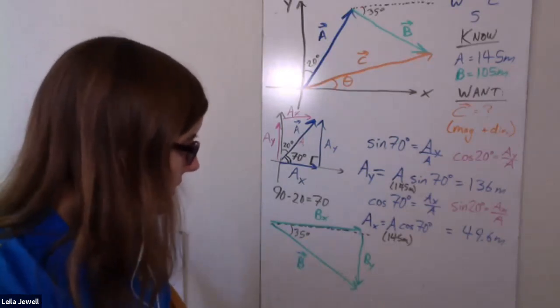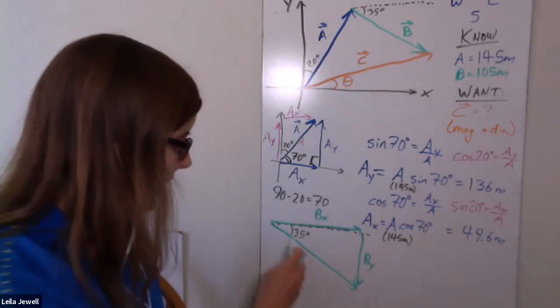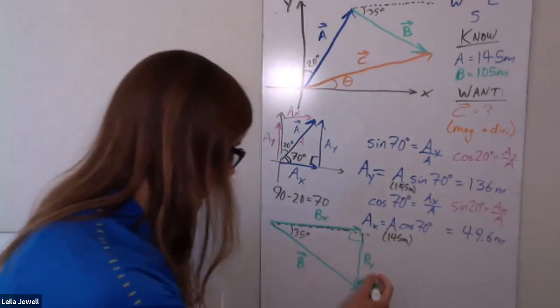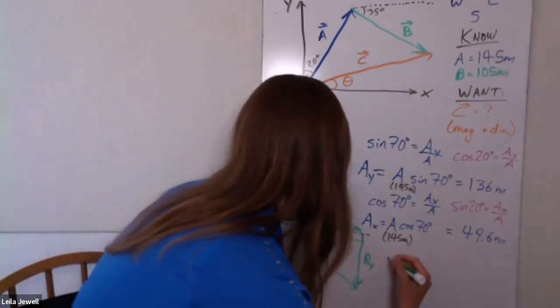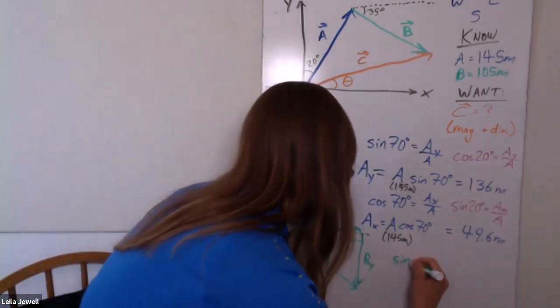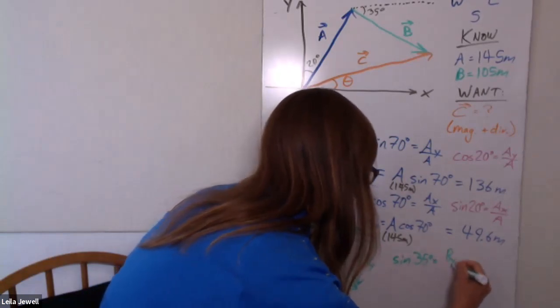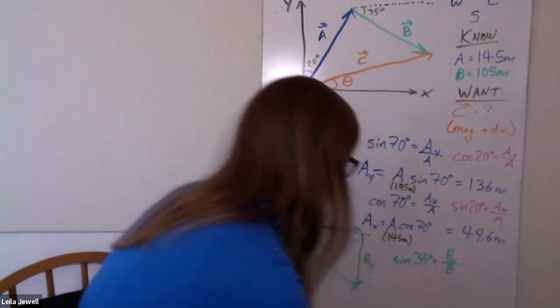So we can once again approach this. I'll start with b sub y, since I started with a sub y. b sub y is the side opposite to that angle, which is at that 90 degrees. So we can say that sine of 35 degrees is equal to b sub y divided by b.